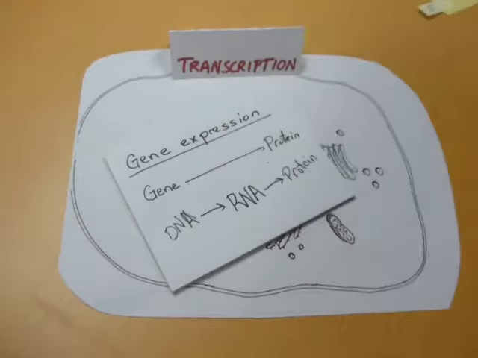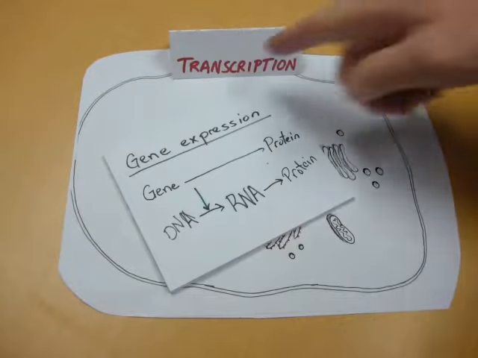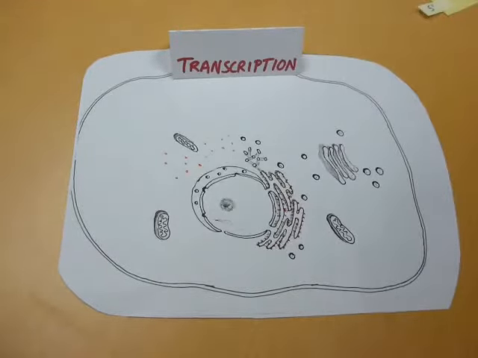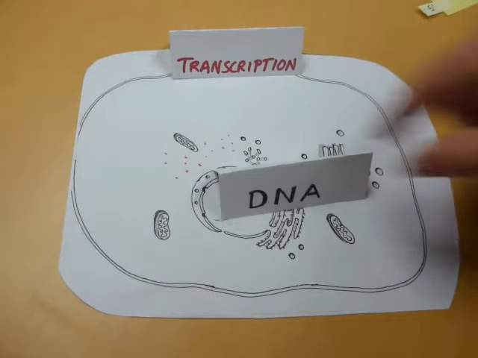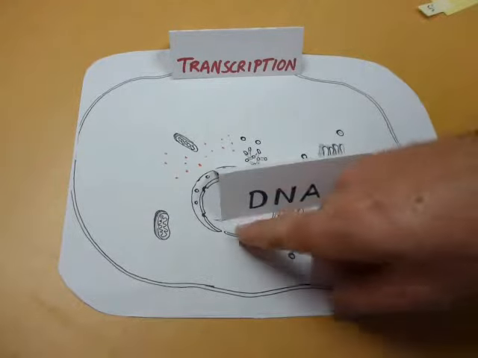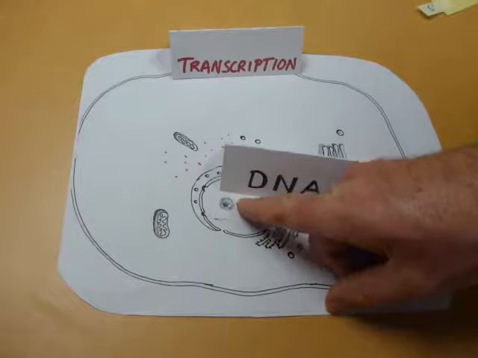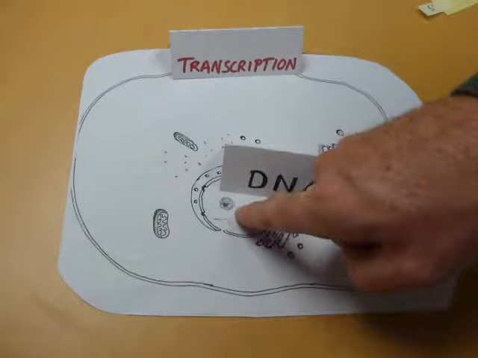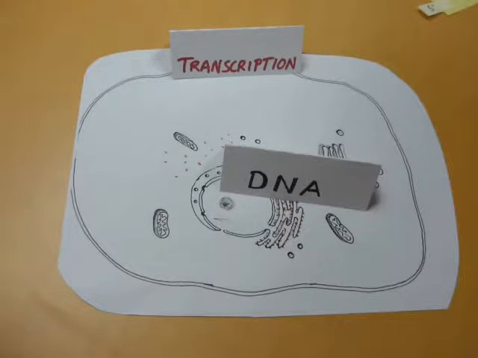So we're going to look at this process here of transcription. Transcription starts with the DNA inside the nucleus, and we want to keep the DNA safe and sound in the nucleus. It is our instruction manual for the cell, and we don't want to be taking it out of the nucleus where it might get damaged.